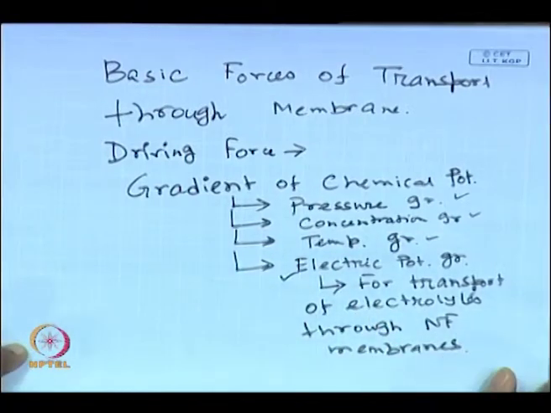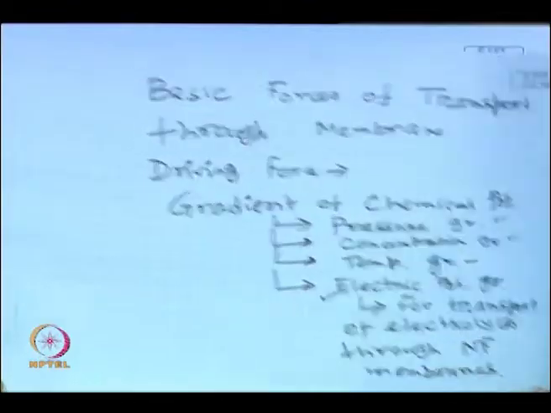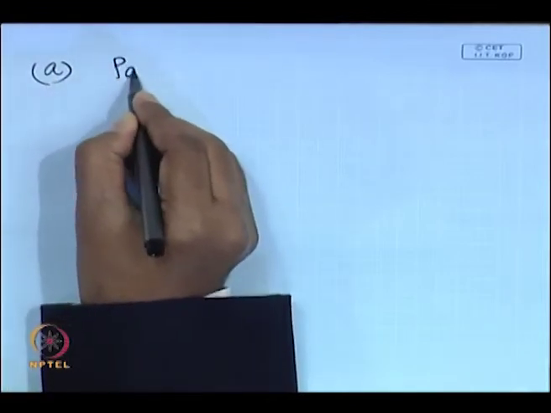Now, the various transport laws through the membranes are classified into several categories. The first one is passive transport.